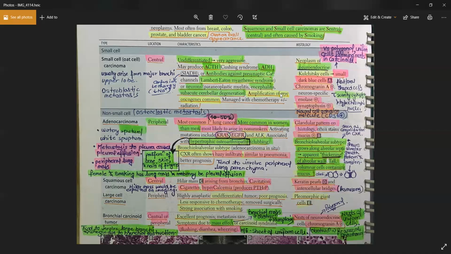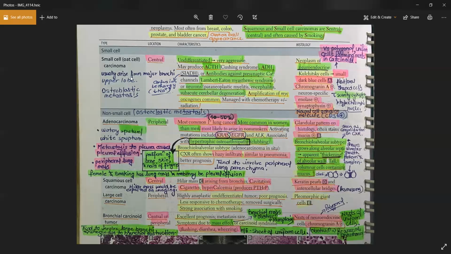NMYC you have, CMYC you have, and LMYC also. Yeah, LMYC, NMYC, and CMYC. CMYC is for Burkitt's lymphoma, NMYC for neuroblastoma, and LMYC for small cell lung cancer. So you have LMYC oncogene amplification in case of small cell lung cancer.